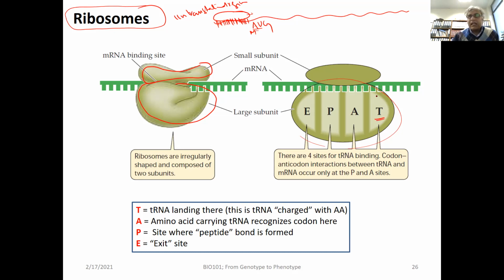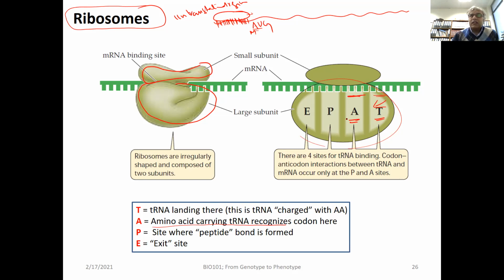This is the amino acid carrying tRNA. Here the tRNA recognizes a specific codon through its anticodon.